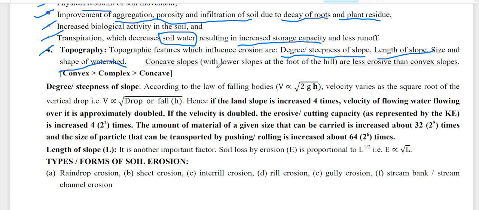The concave slopes are those which have lower slopes at the foot of the hill. Like you can think this, or there, and here is like that.